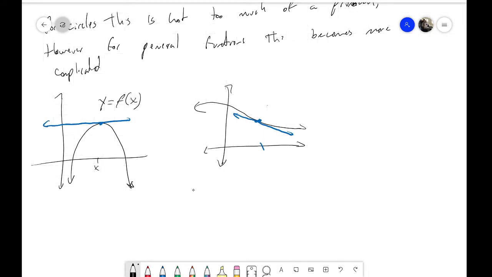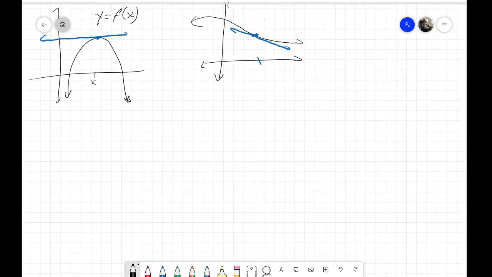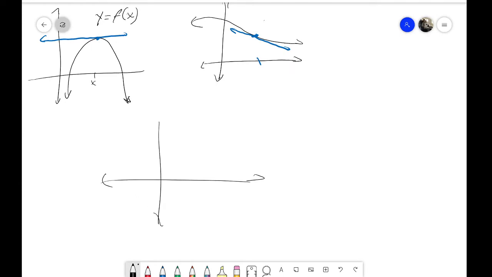Or what if we have something like this? Let's see, if we had something like this, and you wanted to find out the line tangent to this point right here.